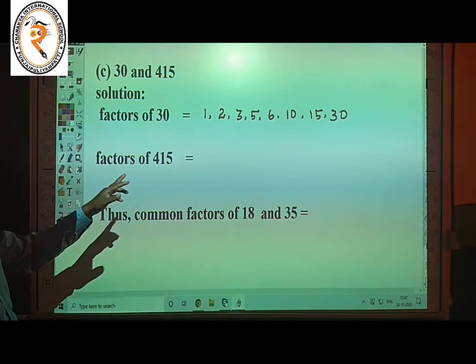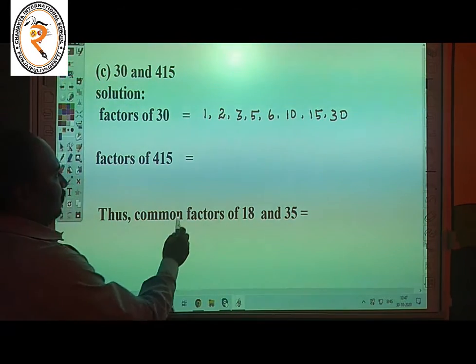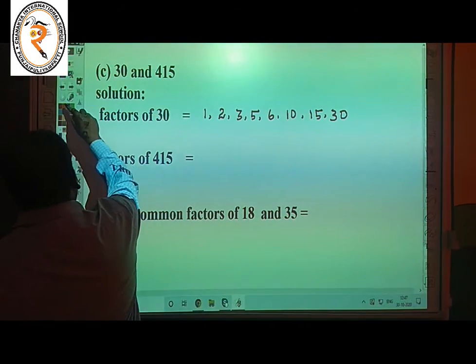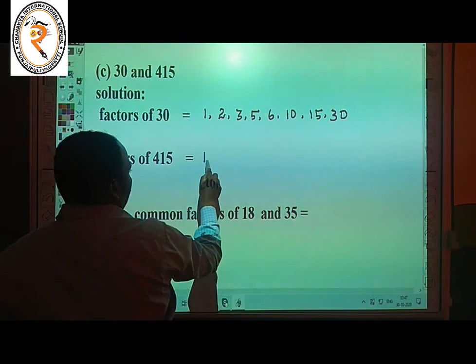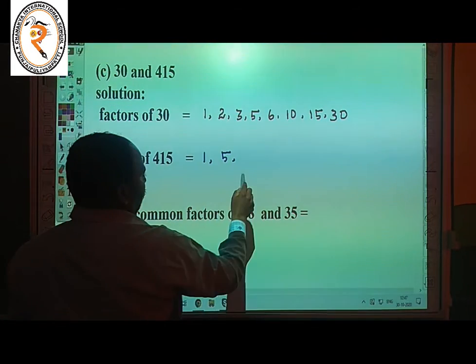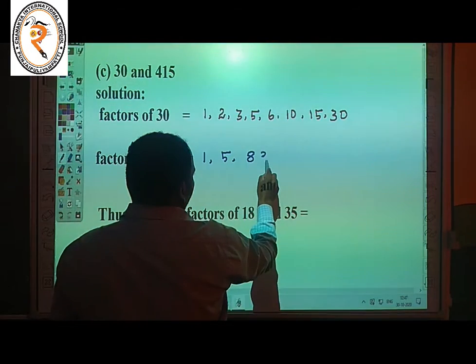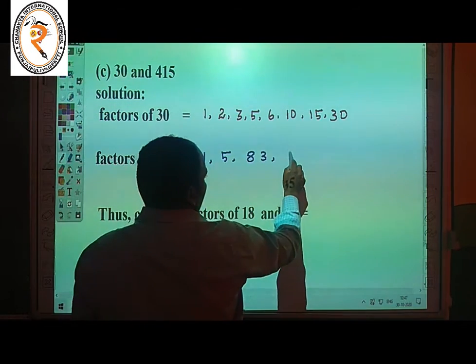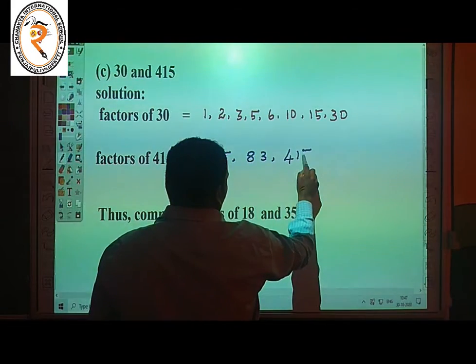The next one, factors of 415: 1, 5, 83 and 415 only.